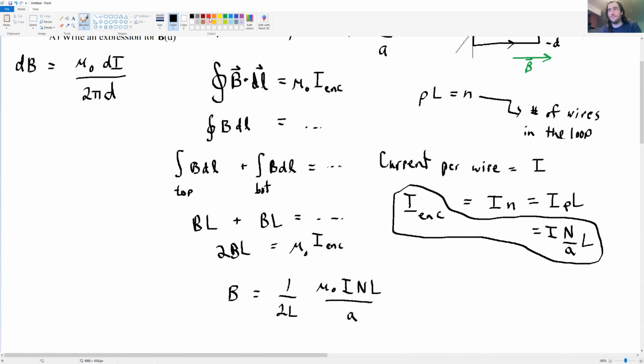So we can see L is going to cancel here. And what's left is our expression. Oh, we don't need the 1 really anymore. So mu 0 I n over 2A.